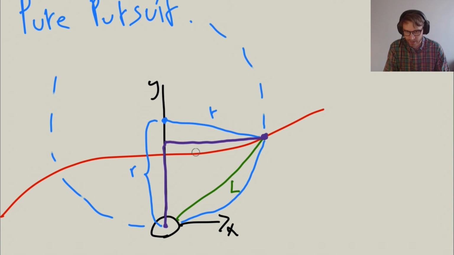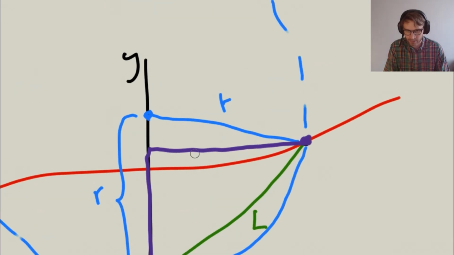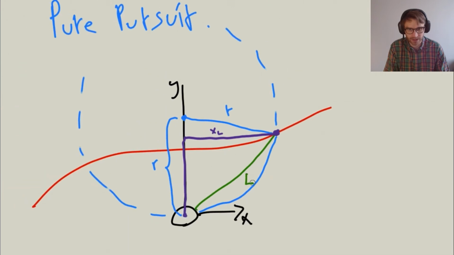So we have parameters XL and YL. These are the components of this L.